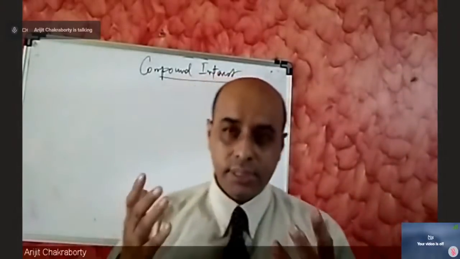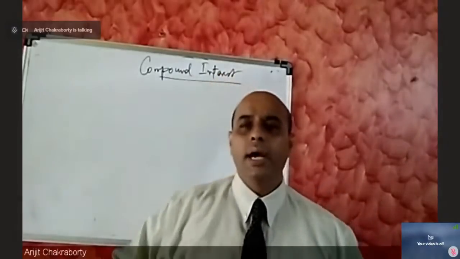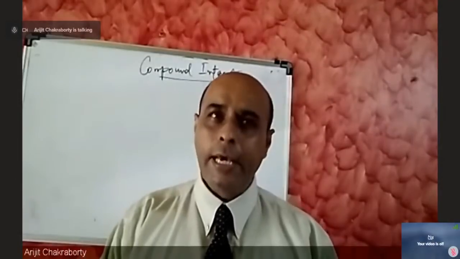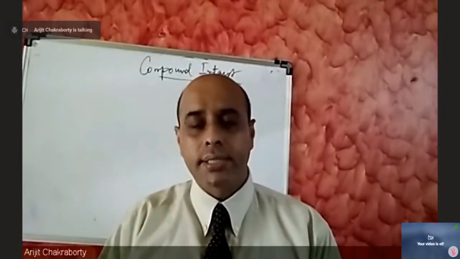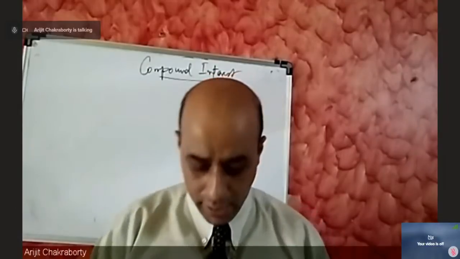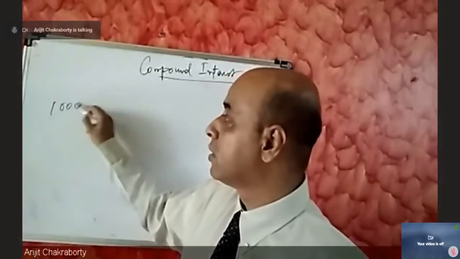So what is compound interest? Simple interest means I am putting 1,000 rupees in a bank, right? The interest rate is say 7%. 1,000 rupees, 7% interest. I am putting it in a bank. So principal is 1,000.